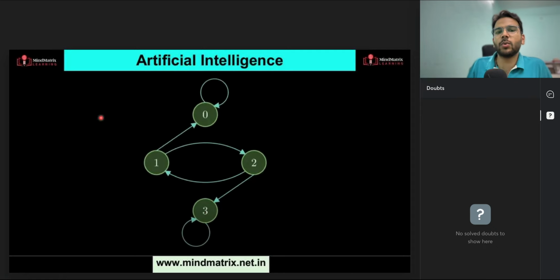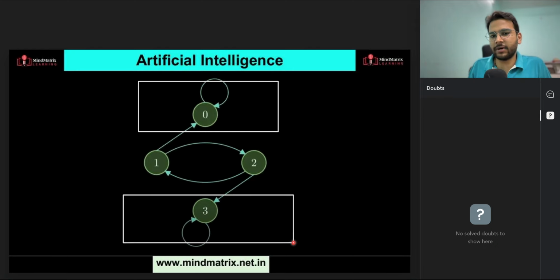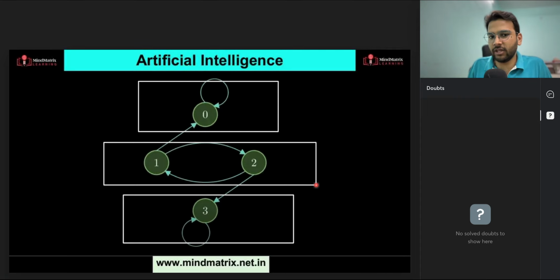So in these scenarios, we divide these into classes. We make this a separate class, and we make this another separate class. These two states are communicating with each other, so we keep them in a single class.